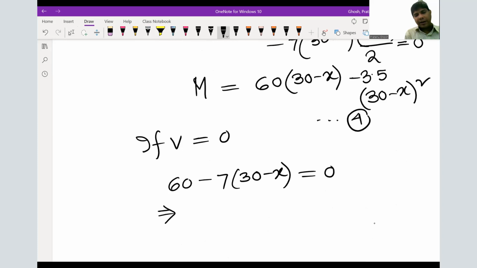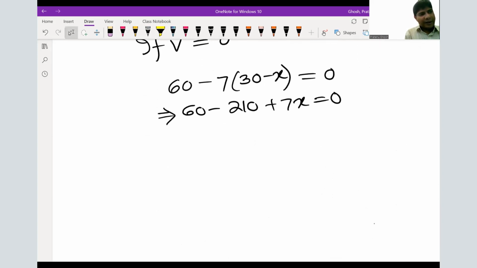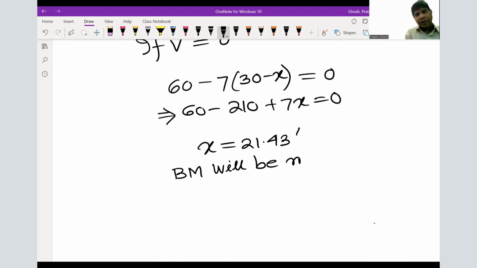So let's plug in the equation. 60 minus 210 plus 7x is going to be 0. So 7x minus 150. So that gives x equal to 21.43 feet. Very important point. BM will be maximum at that point.